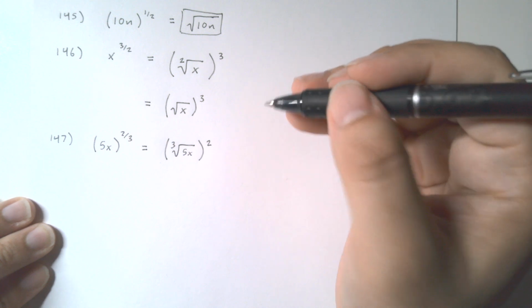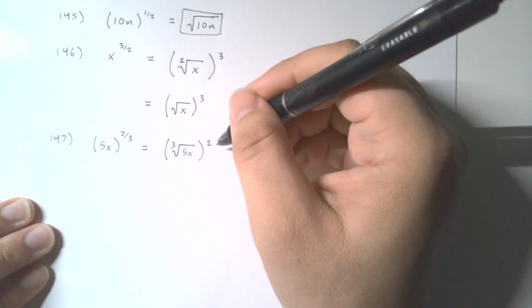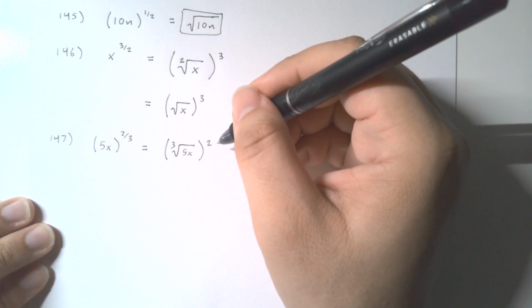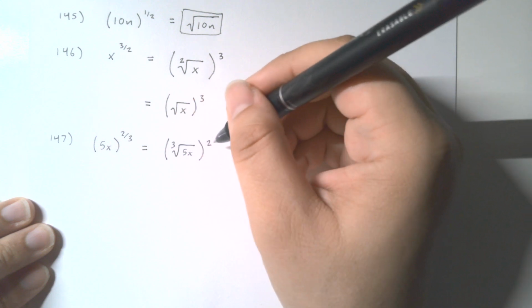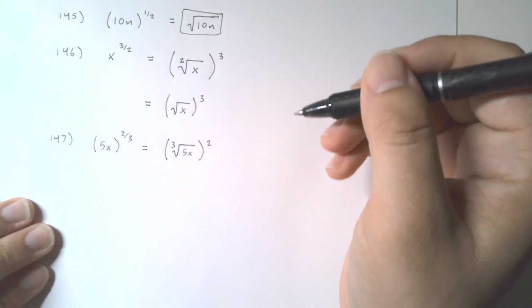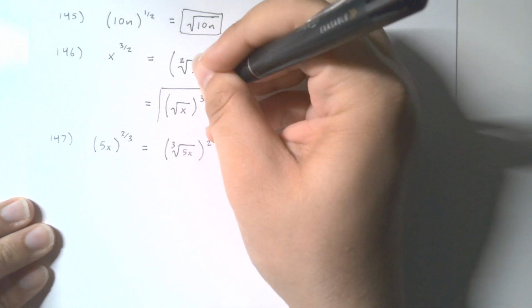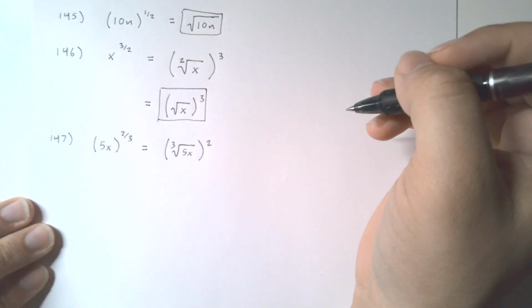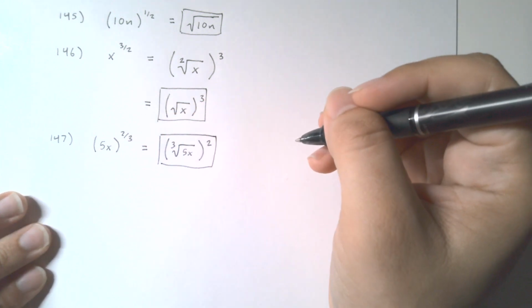And we can't simplify this any further because we do need to write the 3 here, and we do need to write this 2 here. The only case that we wouldn't need to write either of these numbers is if this is ever a 2 and this is ever a 1. So this is simplified. And so to be clear, this was our final answer on 146, and this is our final answer for 147.